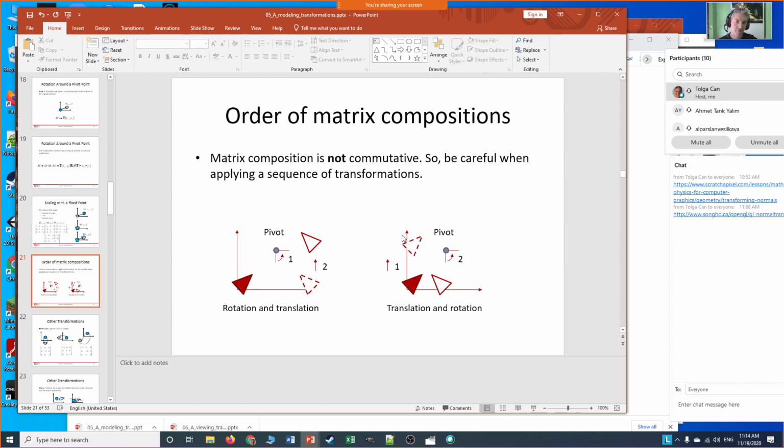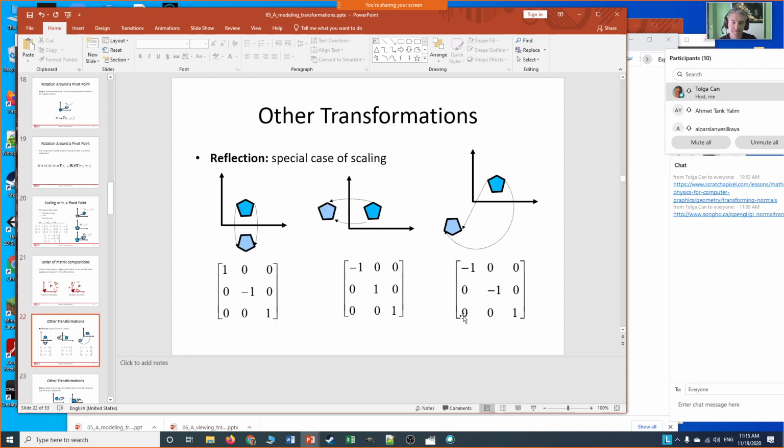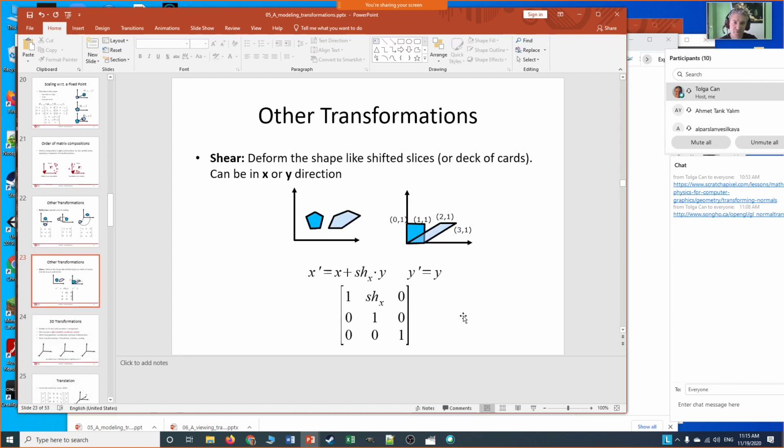We first translate it, and this dashed triangle is then rotated around this pivot point 90 degrees. After its rotation, it's going to be this one. As you can see, the hollow triangle in both cases is in a different place. So order does matter.